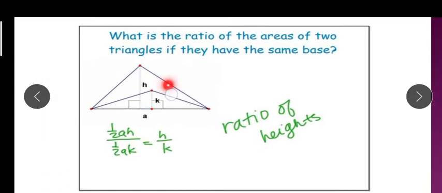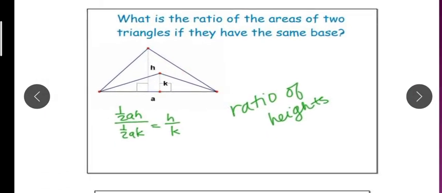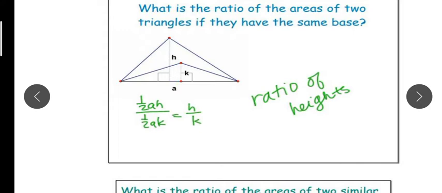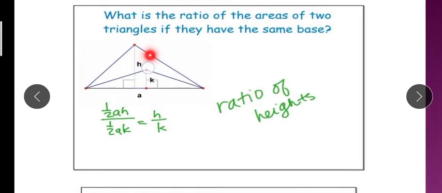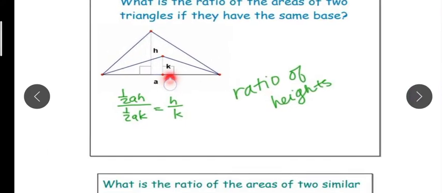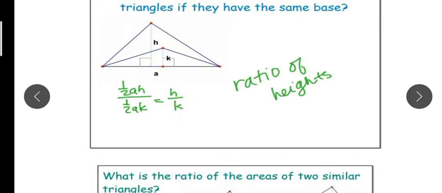If you observe this triangle, H and K are two different heights, but A is the same base, and therefore the area ratio is equal to their corresponding heights, H upon K. H is the height of this big triangle, and the small triangle inside has height K, and therefore the ratio of their areas is equal to H by K. That is the ratio of their heights.